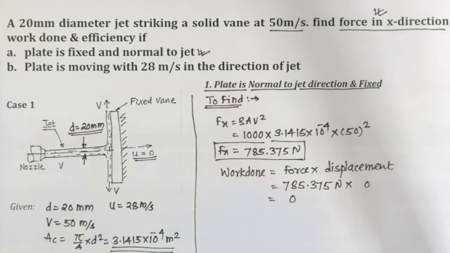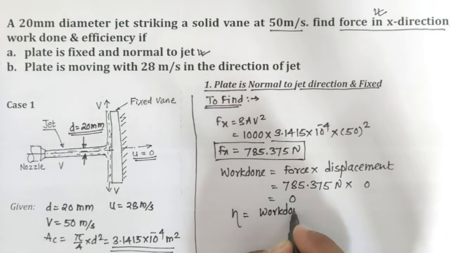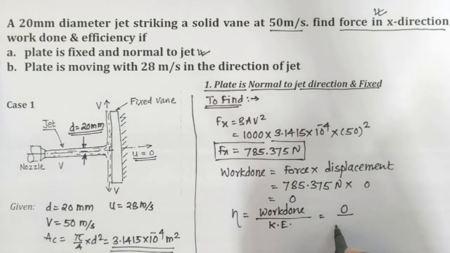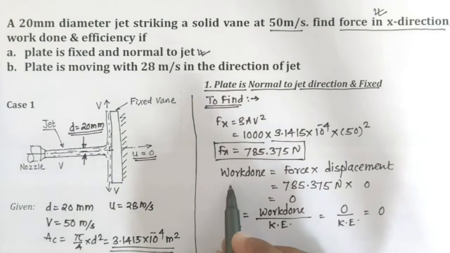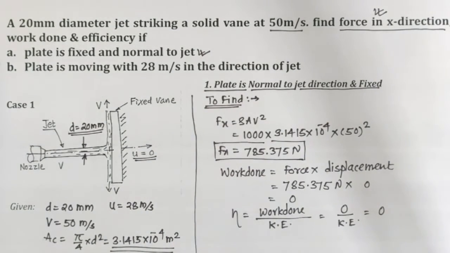That's why this whole quantity will become 0. Similarly, the efficiency is equal to work done upon kinetic energy given. So 0 upon the kinetic energy 1/2 m v square will become 0. So we have these two things: work done is equal to 0 and efficiency is 0.